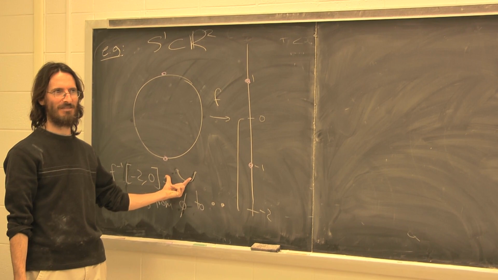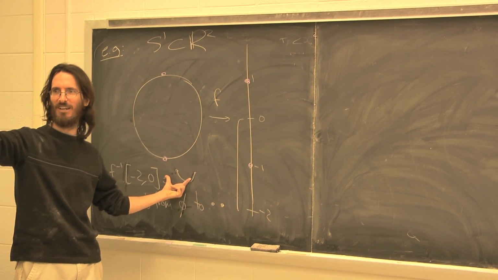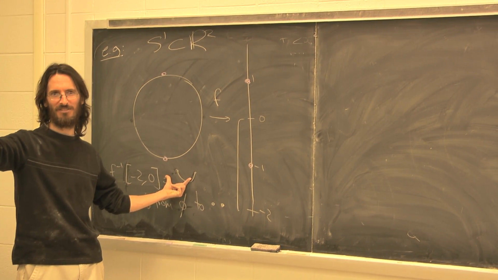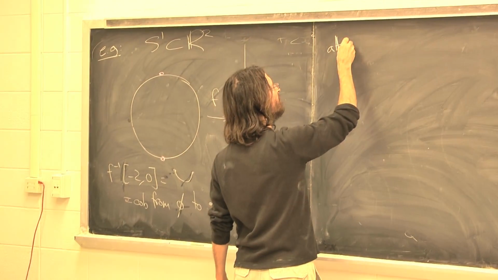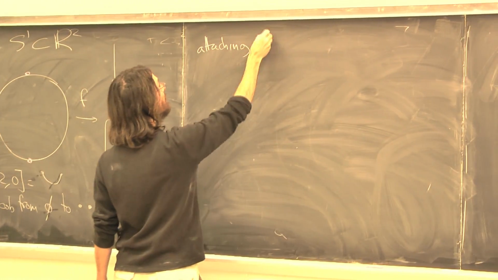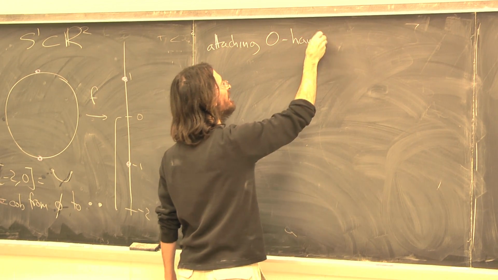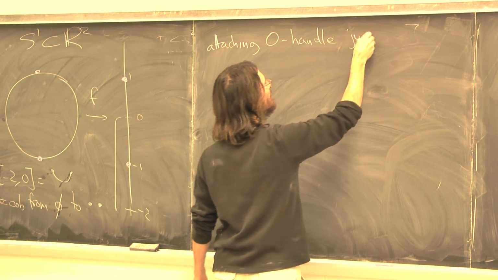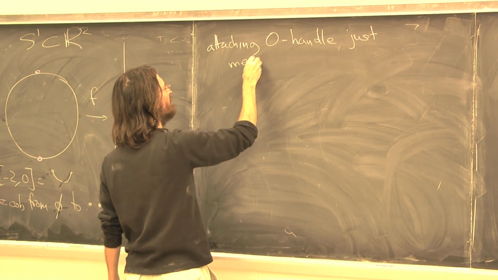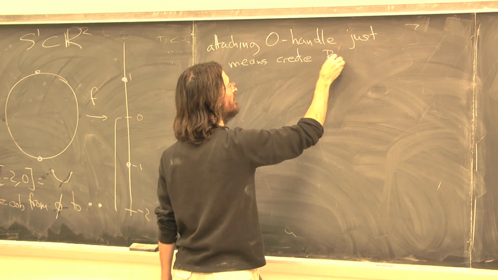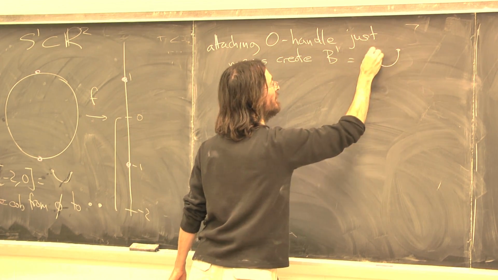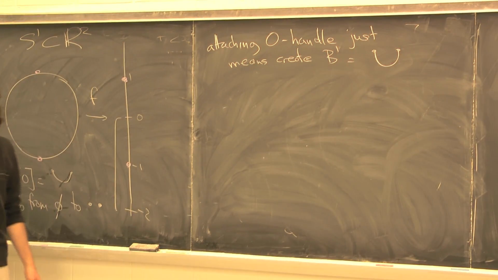So that just means we manufacture a B1 in the middle of nowhere. That's all we do. So attaching a 0 handle means creating, in this case, B1 out of nowhere, and there we go.